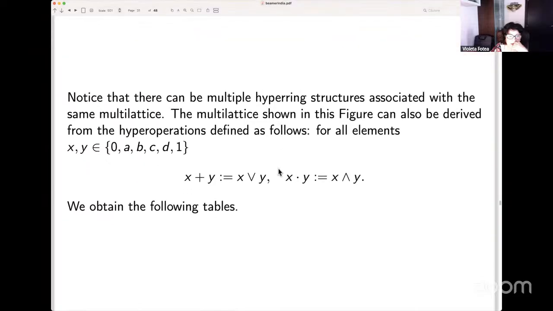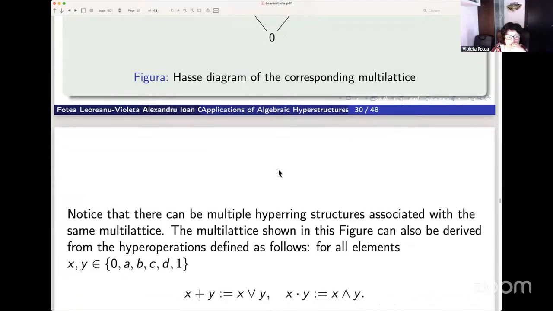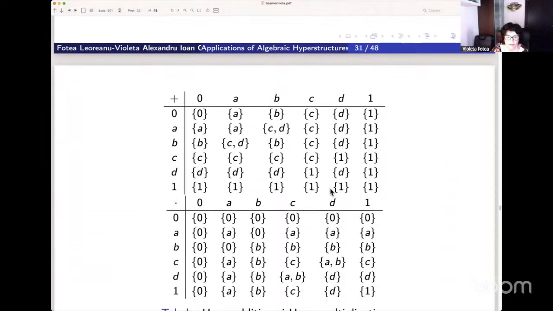Another example. If we consider in this new example the addition as just the set of minimal upper bounds, and the multiplication as the set of maximal lower bounds, the tables are reduced to this form.